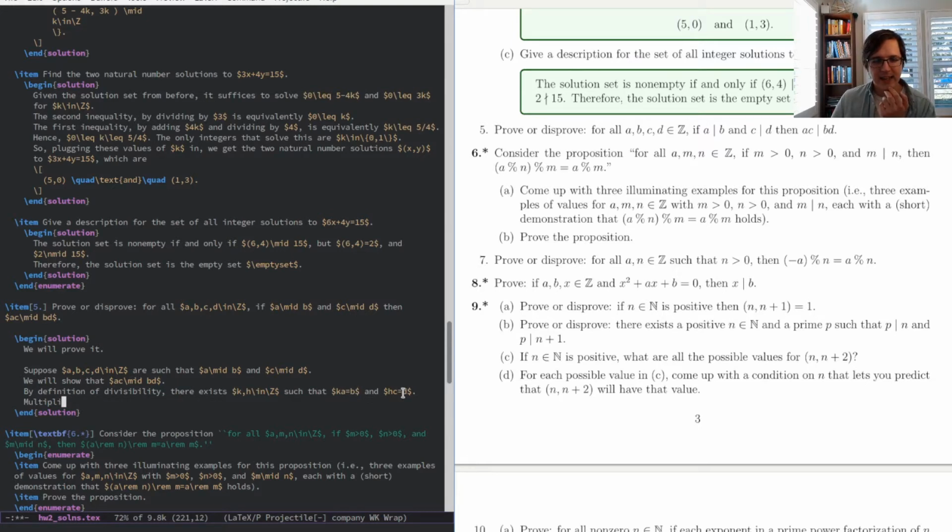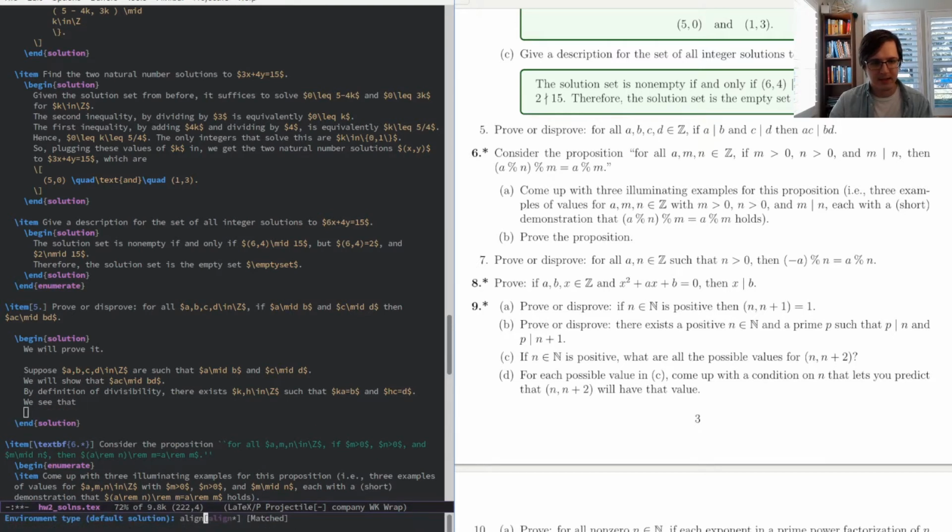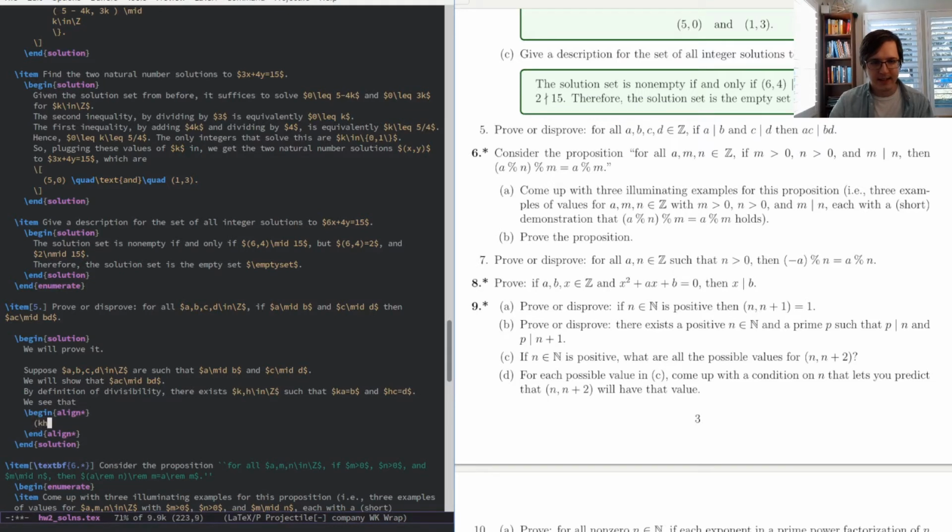And so, for ac divides bd, we want to show that something times ac equals bd. So we got these two equations, and if we multiply them together, we see that kh ac is equal to, let's do some rearranging here, kahc, which is equal to bd.